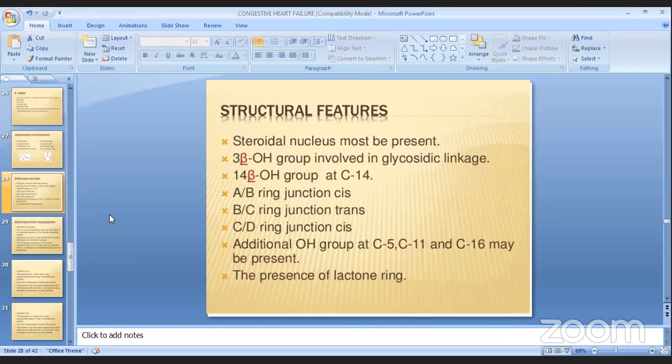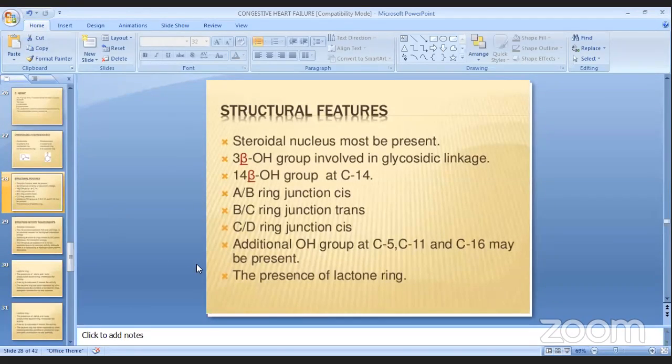Next, the structural features. The structural feature is basically a steroidal molecule. One OH group at the 3 position, and one OH group at the 14th position. The AB ring is cis, the BC ring is trans, and the CD ring is cis. So if I ask you about the AB ring, you can tell it is in the cis position, the BC ring is in the trans position, and the CD ring also in the cis position.